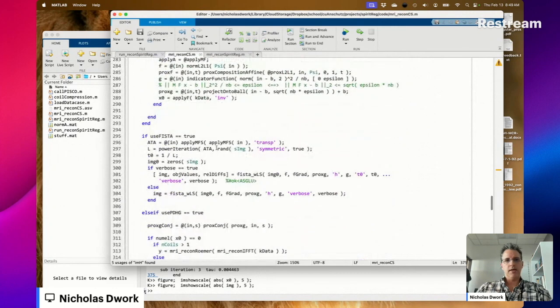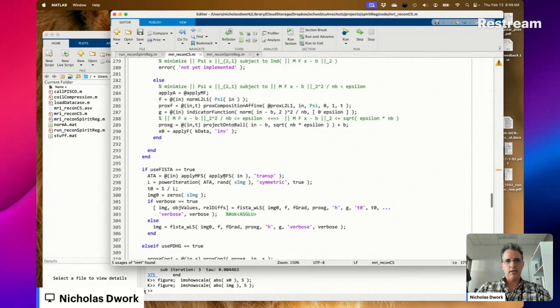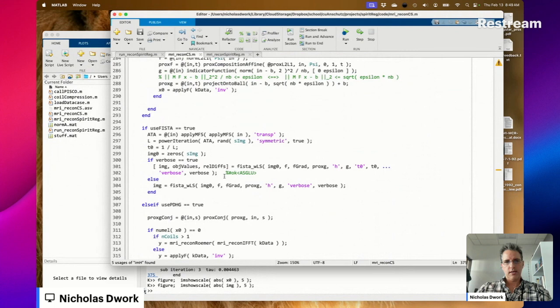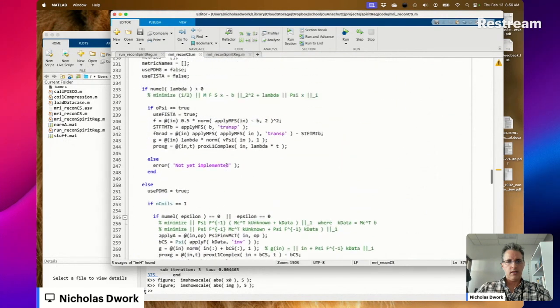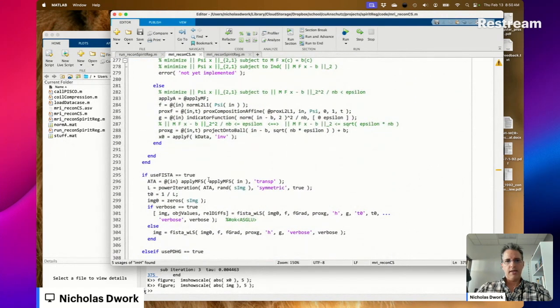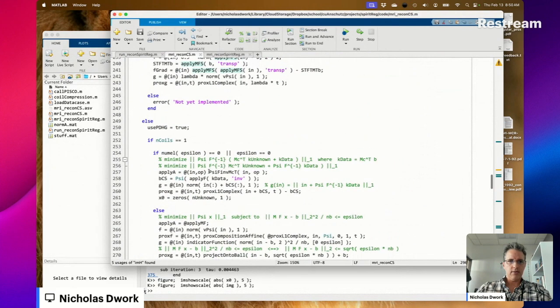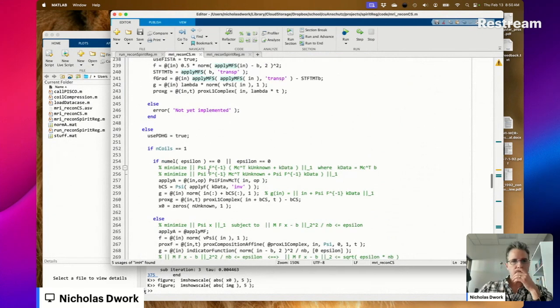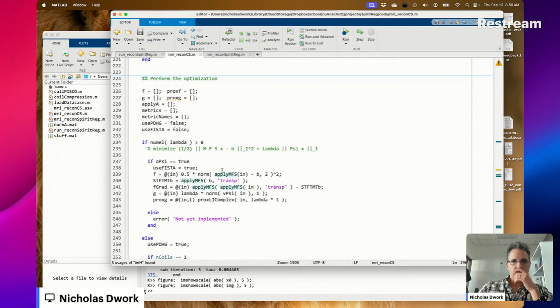Does lambda right now only work, I think, yeah. Lambda only works right now if we have multiple coils.